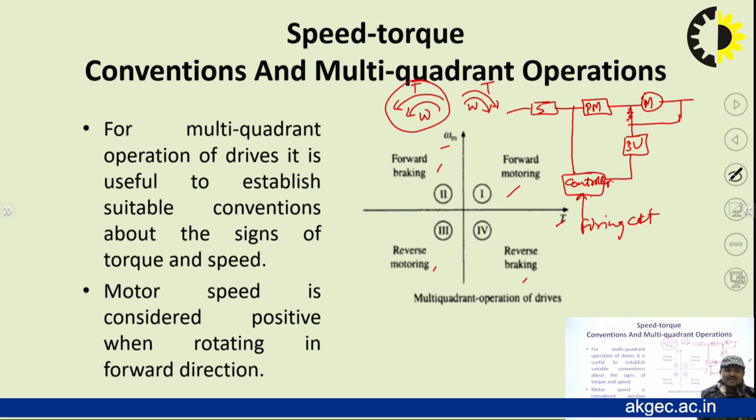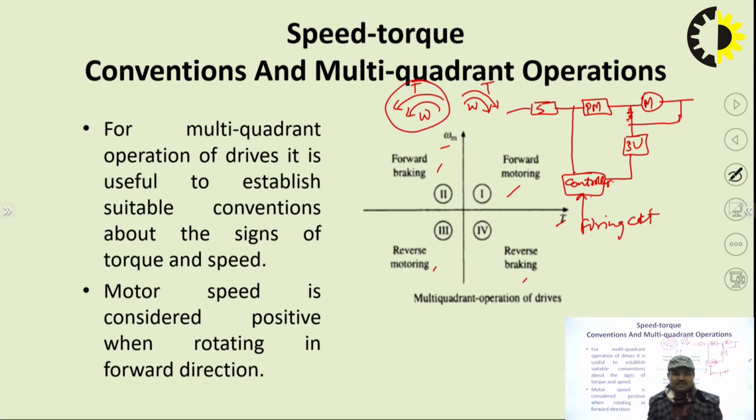For multi-quadrant operation of a drive, it is useful to establish suitable conventions about the signs of the torque and speed. Motor speed is considered positive when rotating in the forward direction. So what is the forward direction? Whatever direction you are taking, that is positive speed and positive torque in this quadrant.